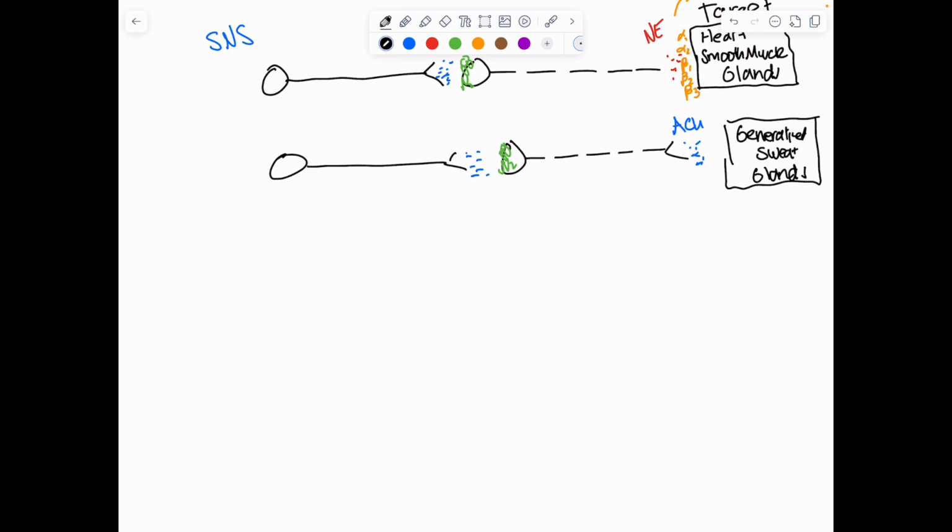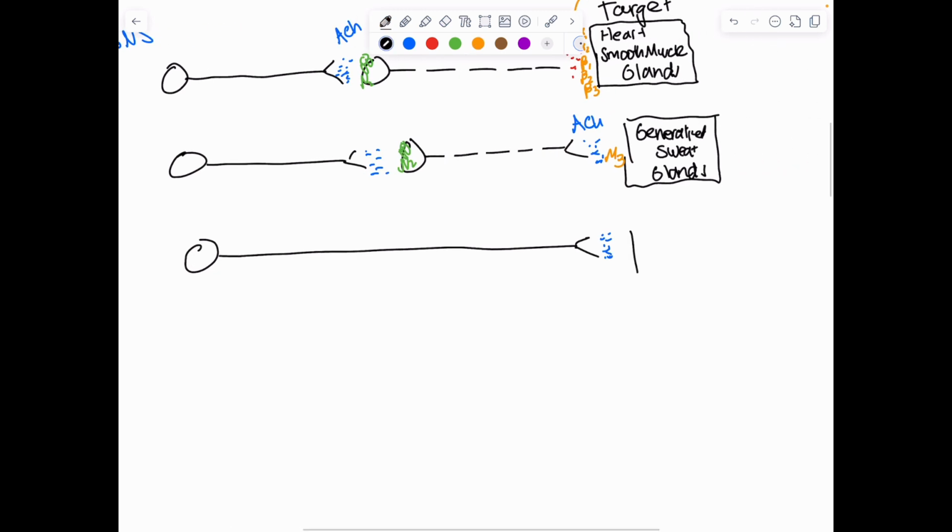And so the last one with the sympathetic nervous system is we'll just have one neuron, and then it will release ACH. Oh, let me back up. This right here is M3. And then this is our adrenal medulla.